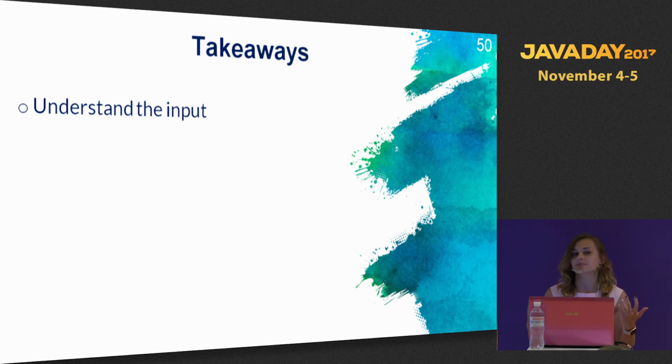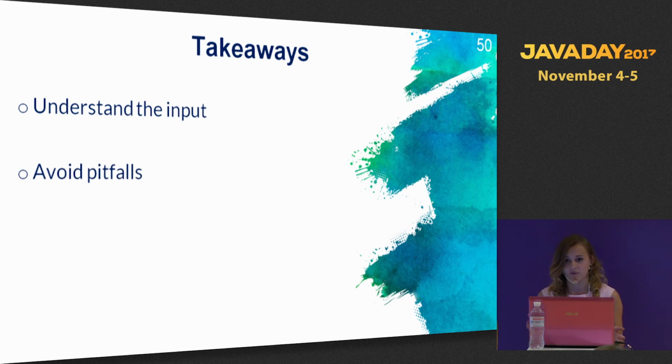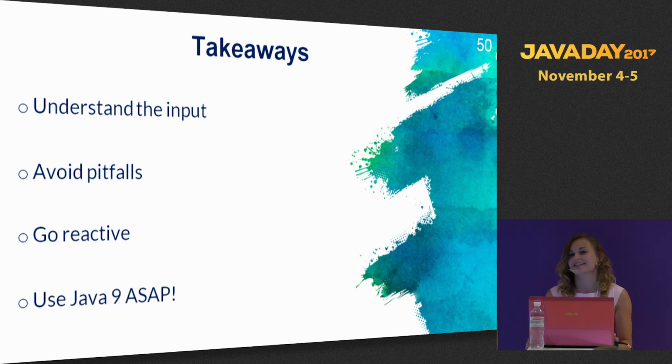And reactive streams, which have existed for a long time in different implementations like Akka Streams or RxJava, are just emerging in the 9th version. You can avoid the common pitfalls that can occur not only when working with CompletableFuture, but again, when working with concurrency. You will decide to go reactive and actually to use the latest version of Java.